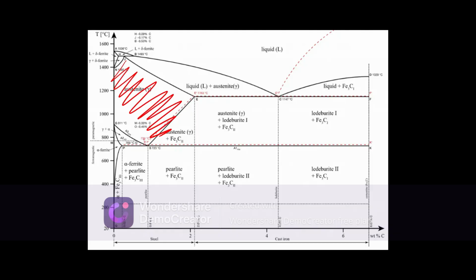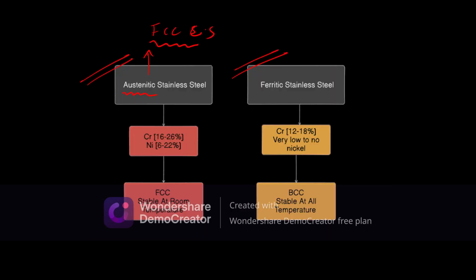You can see it is stable at or above 727 degrees centigrade. And this one is austenitic stainless steel, in which you can see the composition of chromium is very high, around 16 to 26 percent, and nickel is around 6 to 22 percent, and the crystal structure is FCC, and it is stable at room temperature.